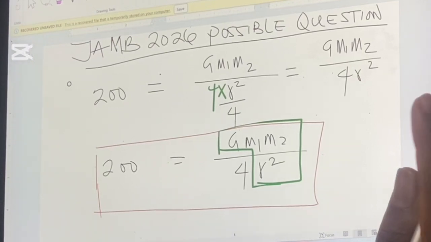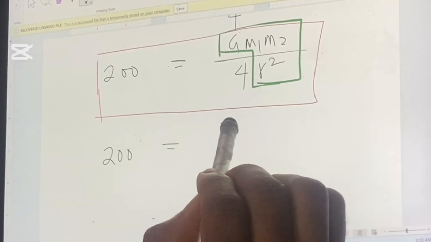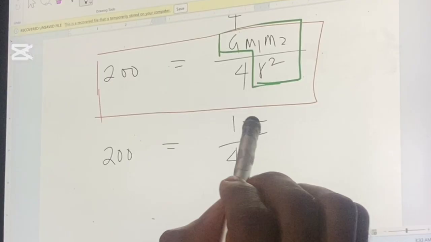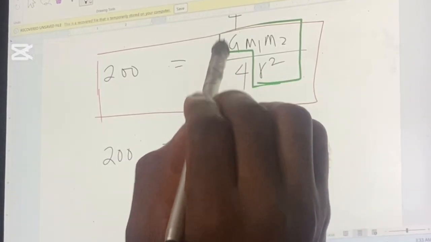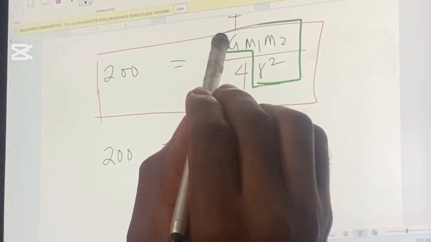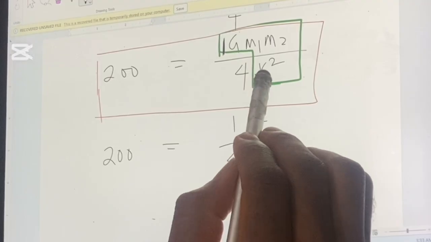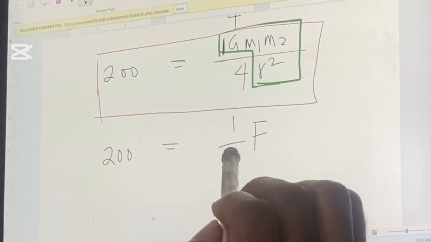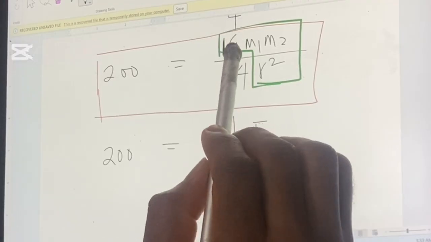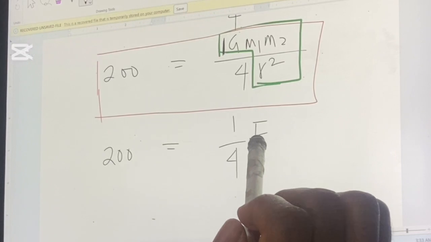So when you replace that as F, I will have something like this: 200 is equal to 1 over 4 of F. There's an invisible 1 here. The number attached to the letter at the numerator here is 1, that is the invisible one. So this will be 1 over 4. The number attached to the letter at the denominator is 4 times F. So the whole part, G m1 m2 over r squared, is F. Please take note.